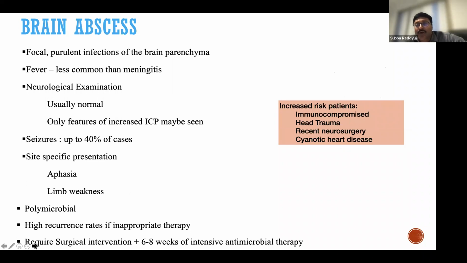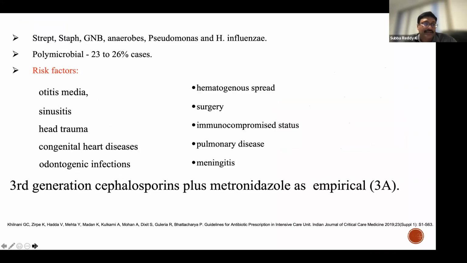The risk factors are immunocompromised patients, head trauma patients, recent neurosurgery, and cyanotic heart disease patients. They are at risk of brain abscesses. The organisms are Streptococcus pneumoniae, Staphylococcus and gram-negative bacteria, anaerobes, Pseudomonas, and Haemophilus influenzae.